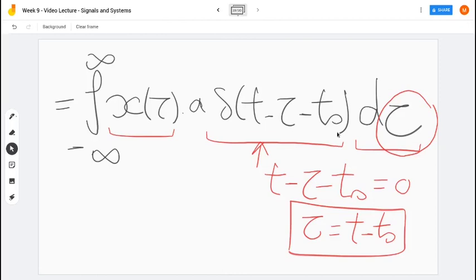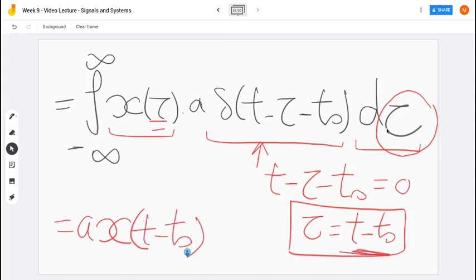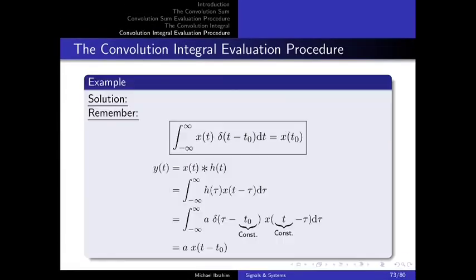Because the integration is with respect to tau, so tau is the variable. So the result of this integration would be a times x of, and we will replace tau by t minus t naught, so x of t minus t naught, which is simply the input function. So the output function y of t is equal to the input function shifted by t naught. So going back over here, the output y of t will be a x of t minus t naught.